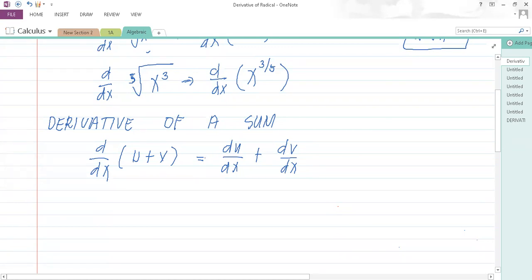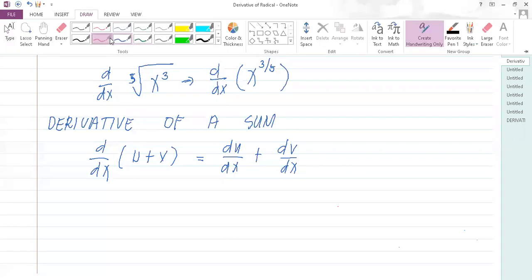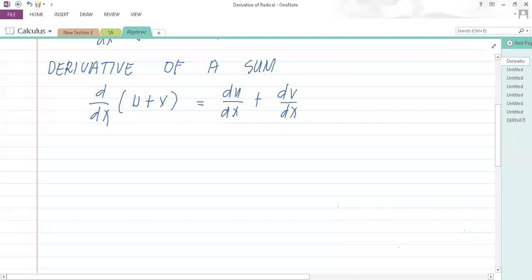Later on we will have multiplication, the derivative of a product and the derivative of a quotient. As much as possible, you have to memorize the general equations for the derivatives. This is the general equation for the derivative of a sum.